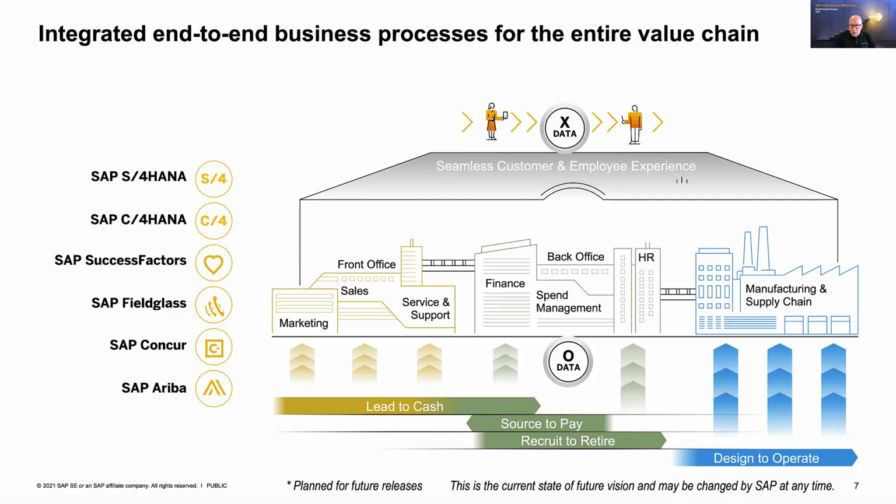So the different products talk about processes, and they talk about processes from a product perspective. But on the right side, for instance in the upper area of that house, you see terms like front office sales, marketing, service support, finance, and so on and so forth. And that's more the line of business perspective that people could take.